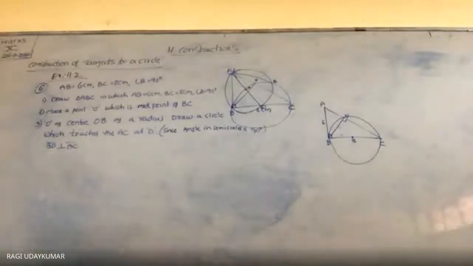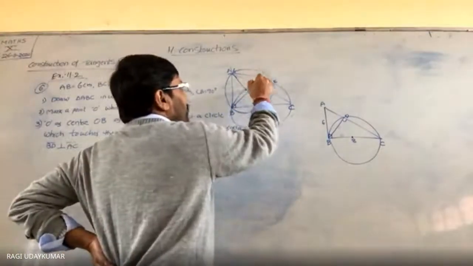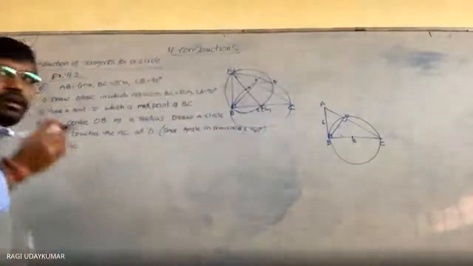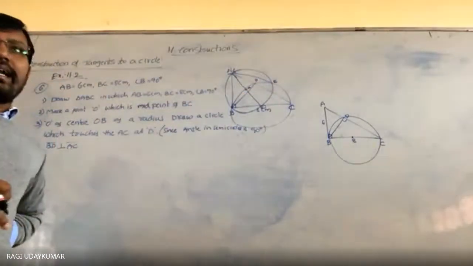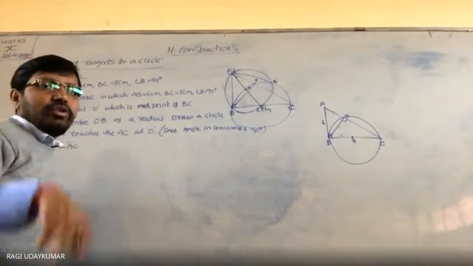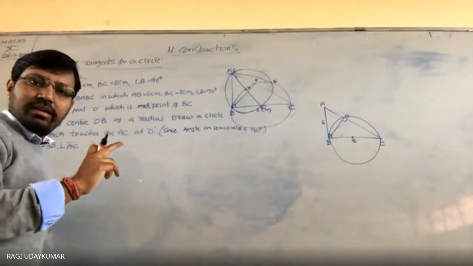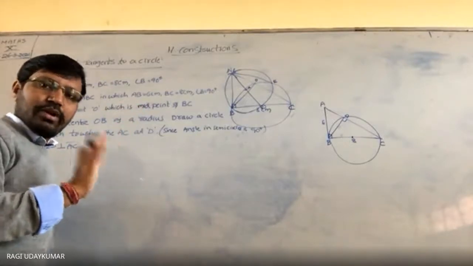From the B perpendicular line we need to take. After the perpendicular line is made, where does point D come? Through that point we have to draw the circle. But what are we doing? We are drawing the circle first. We have drawn the first circle. Okay, did you understand? Yes, sir.